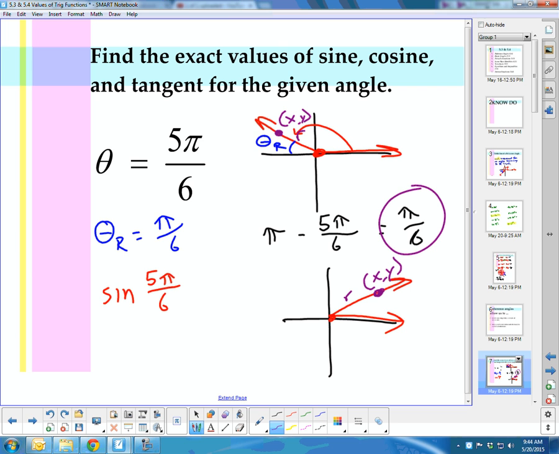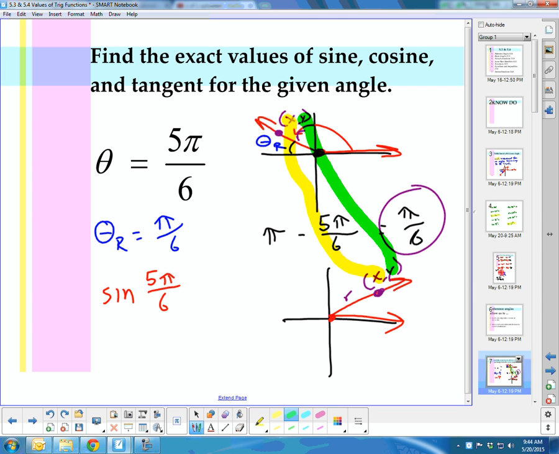So in this particular case, the two x coordinates are going to have opposite values. The two y coordinates are actually going to have the same exact value.